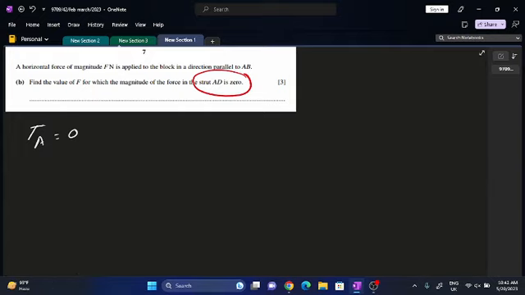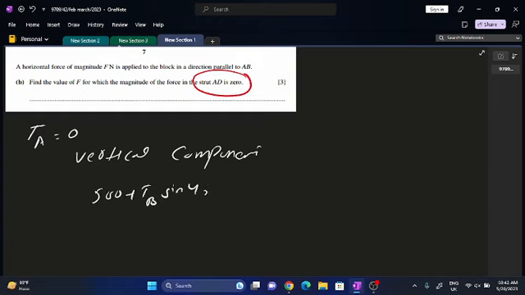You will calculate the vertical component and horizontal component for that. First of all, I would like to calculate the vertical component. That would be 500 plus TB sine of 45 degrees, which equals 1000. Because TA is 0, the vertical component due to TA will also be 0.